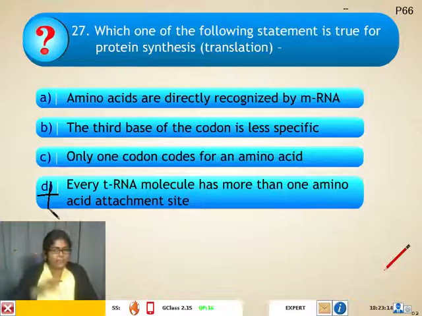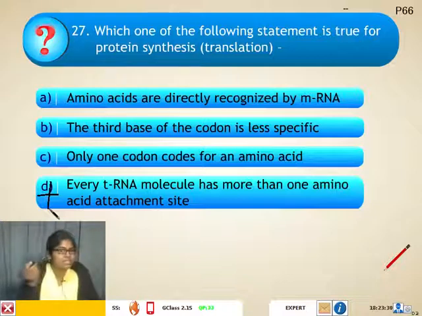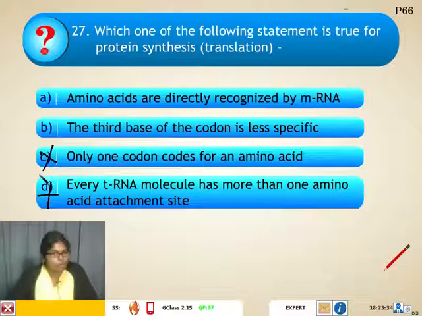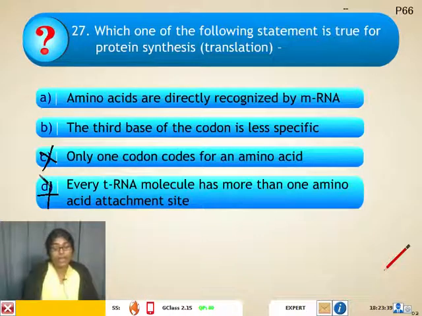So, this option is wrong. Okay, let's go for option C. Only one codon codes for an amino acid. Is it like all amino acids that we have are coded by only one codon? Very good, students. You know what is degeneracy, right? So again, this option is wrong because there are some amino acids which are coded by more than one codon. So can you give me some examples?